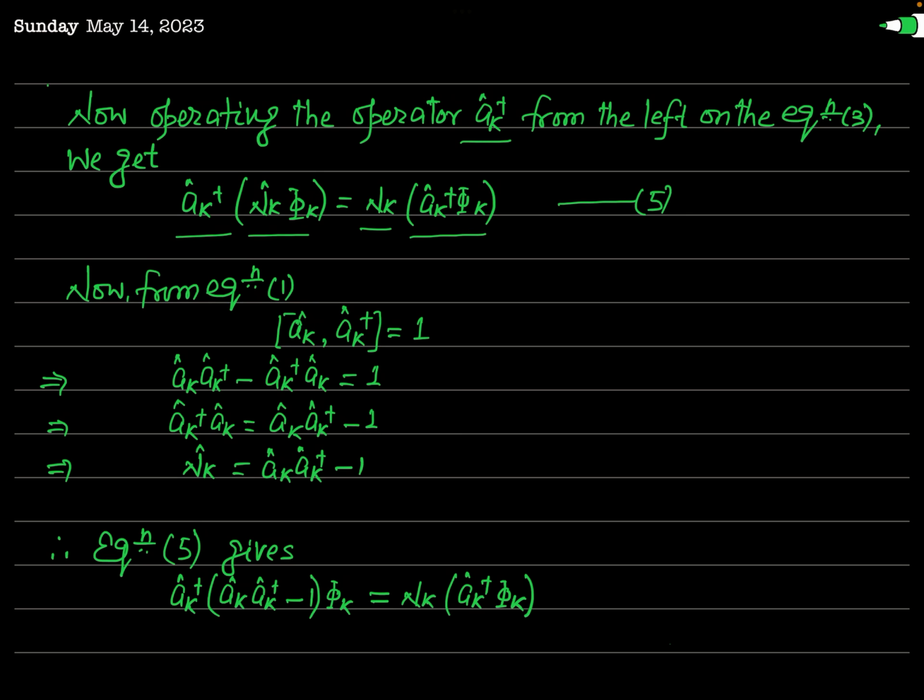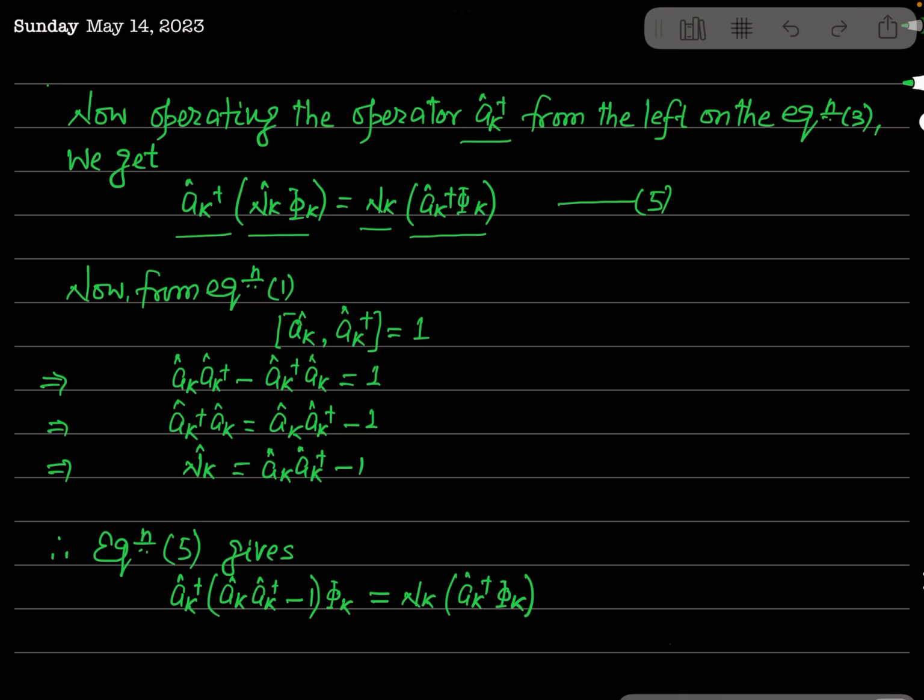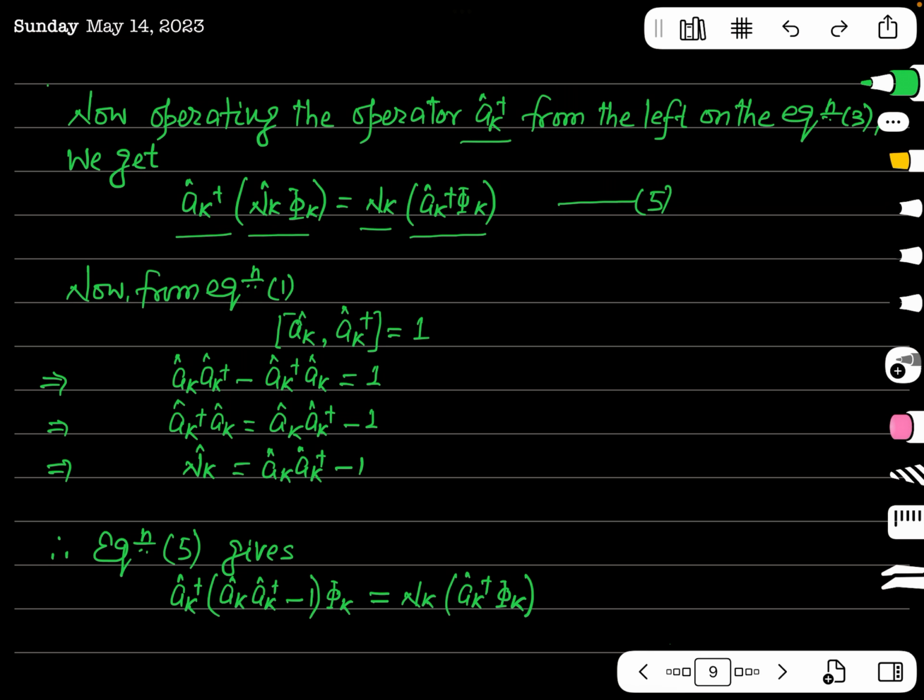Now the property of these two operators we have seen in the first equation due to Jordan and Klein: the commutator of this ak hat and ak hat dagger will be equal to 1.